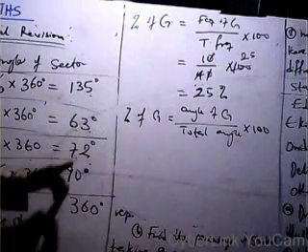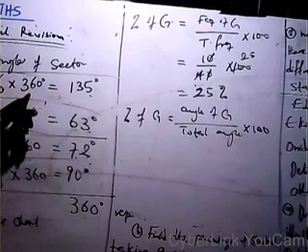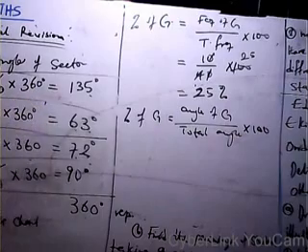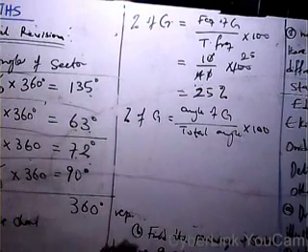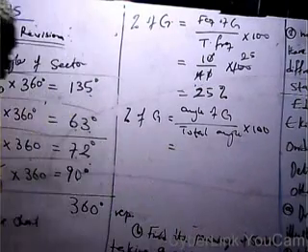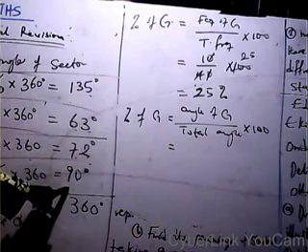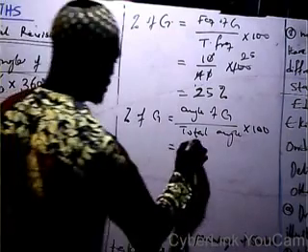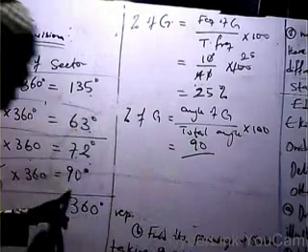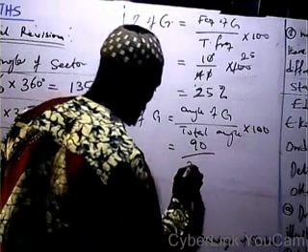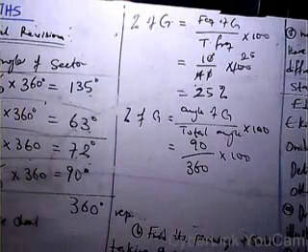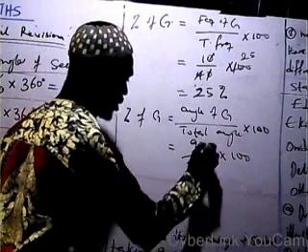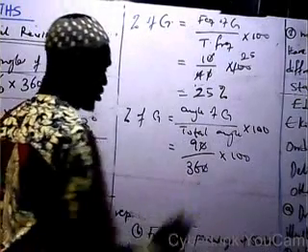We are multiplying by 360 here because 360 is total angle. Is it clear? Now, what is the angle for the grade? 90. So 90 over total angle 360 multiplied by 100.